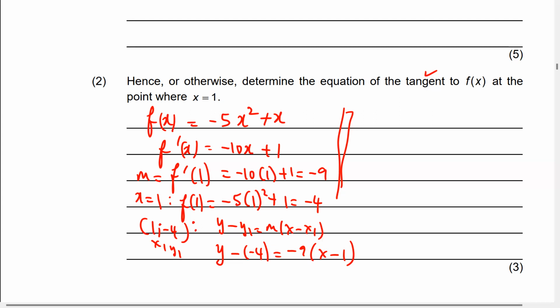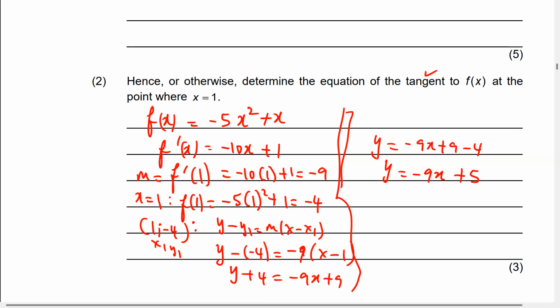So you have minus 9x plus 9, which means y is the same as minus 9x plus 9 minus 4, so minus 9x plus 5.